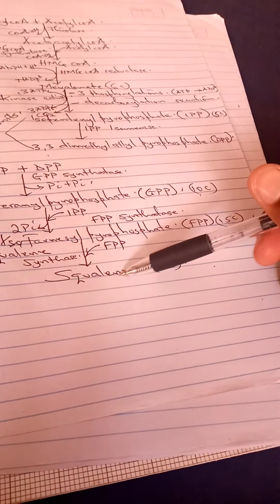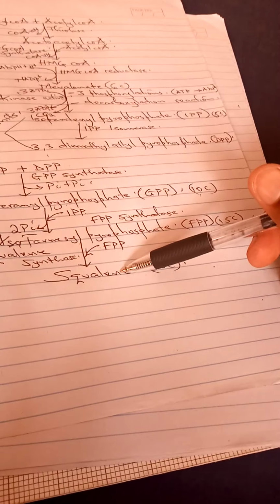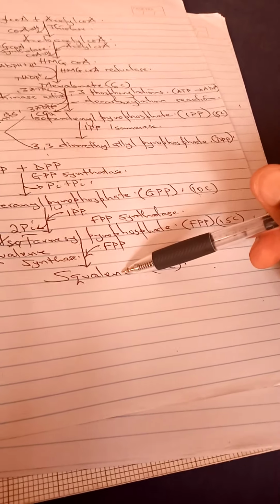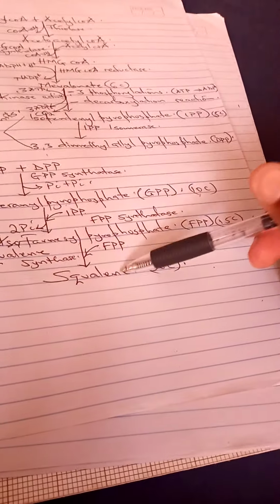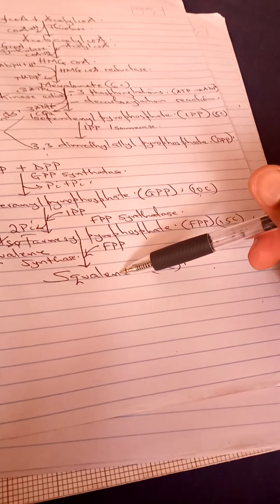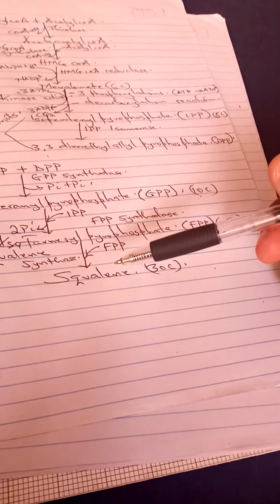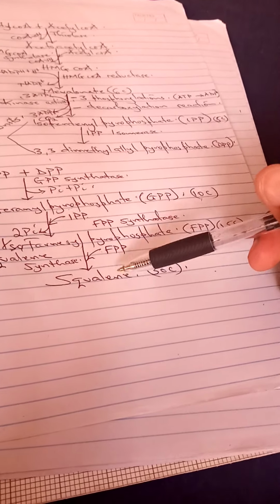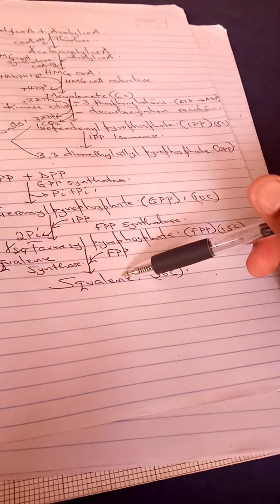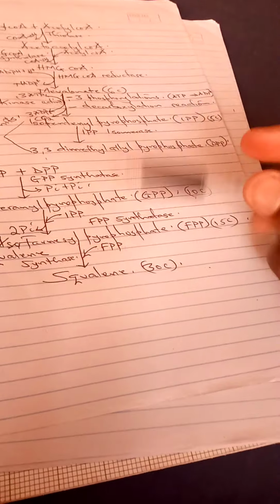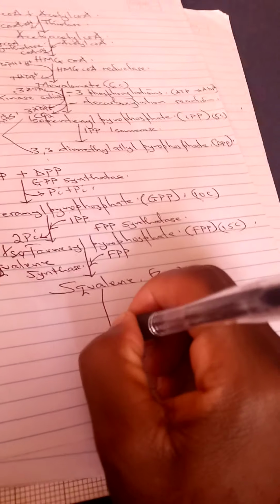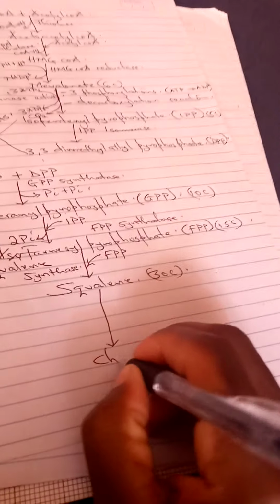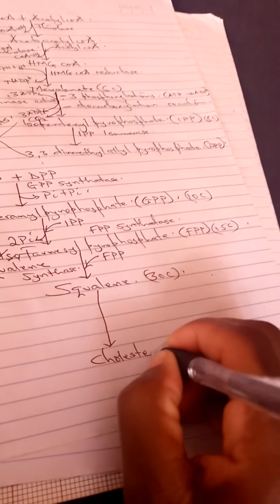Then another difference is that squalene has 6 double bonds in its structure, but cholesterol has only 1 double bond. Then another difference is that cholesterol has a hydroxyl group at carbon atom number 3, but squalene does not have it. So from squalene we are now forming our cholesterol.